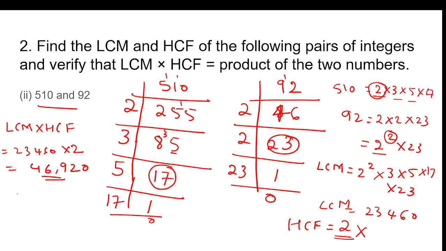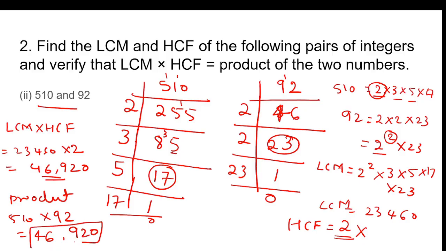Now we have to find out the product of these two numbers, 510 into 92. When you calculate this, it is going to be 46,920 again. So both the numbers are same. The product of the given pair of integers is equal to the product of the LCM and HCF of the given pair of integers. Hence it is verified.